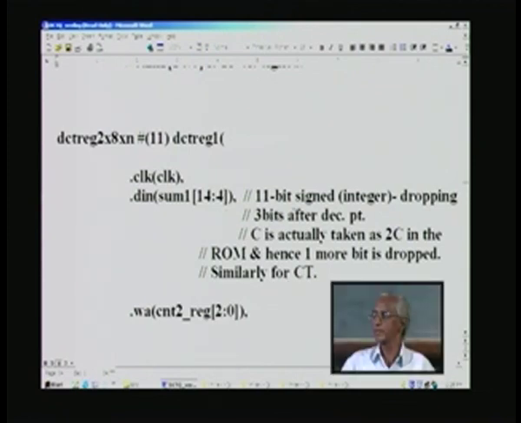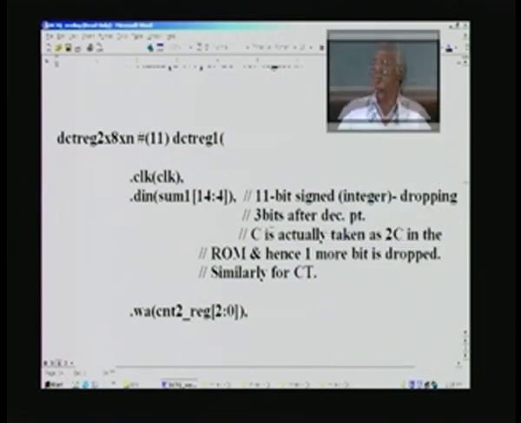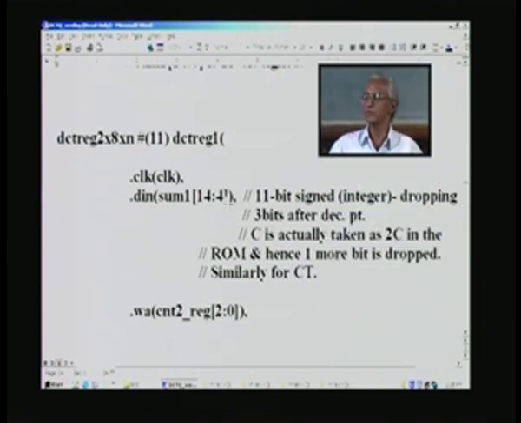This is actually an 11 bit signed integer, and there is no decimal point here, and we drop 3 bits after the decimal point. In addition to this we also drop one more bit, because 3 through 0 are dropped, that is 4 bits are dropped. So 3 bits have been accounted here, and another bit we are dropping is equivalent to dividing the result by 2. Any right shift, as you know, is equivalent to dividing by 2.